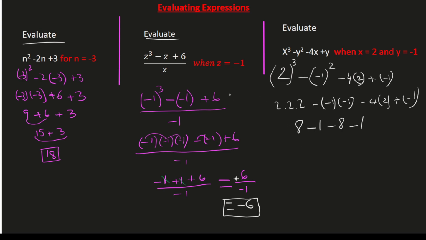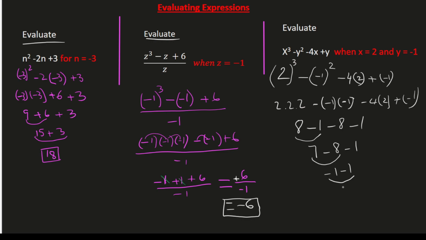When you take a look at this, we take care of this one first. So 8 minus 1 is 7. Minus 8, minus 1. So 7 minus 8 is minus 1, minus 1. And we'll do the last two now.